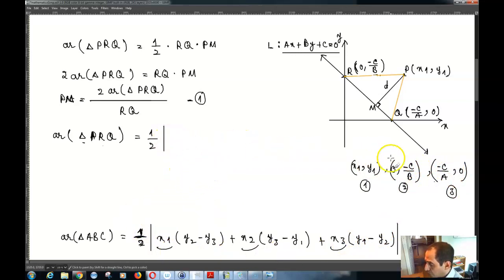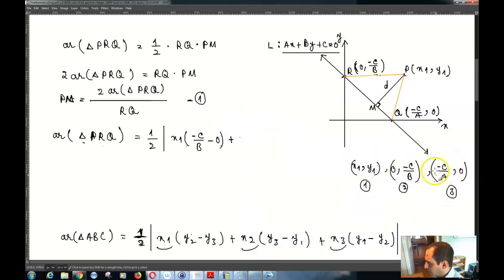So now x1 is x1 here times (y2 minus y3). So this is y2, this is y3. So you have to write negative c by b minus 0, plus x2 over here is 0, so I will not simply write it, because 0 times anything is 0.